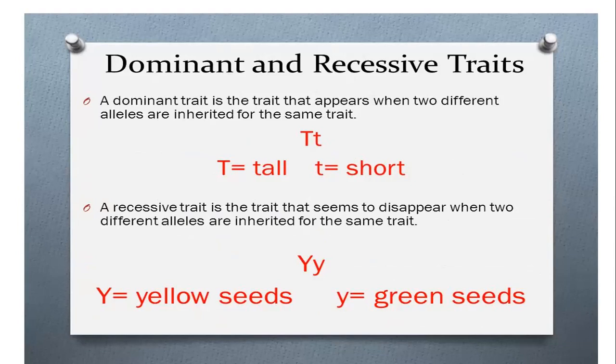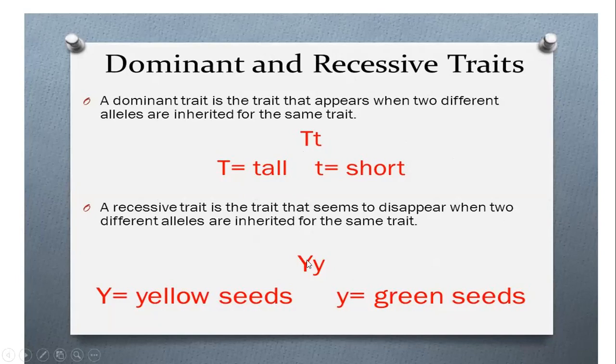A recessive trait is a trait that seems to disappear when two different alleles are inherited. So a recessive trait cannot express itself when you have a dominant trait with you. See, there is a dominant gene and a recessive gene: capital T dominant, small t recessive. But the dominant will be expressed, so the plant will be tall.